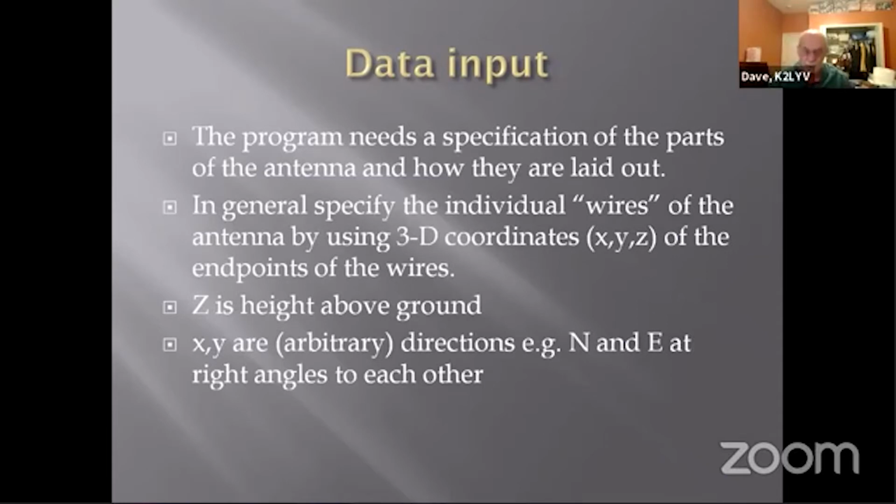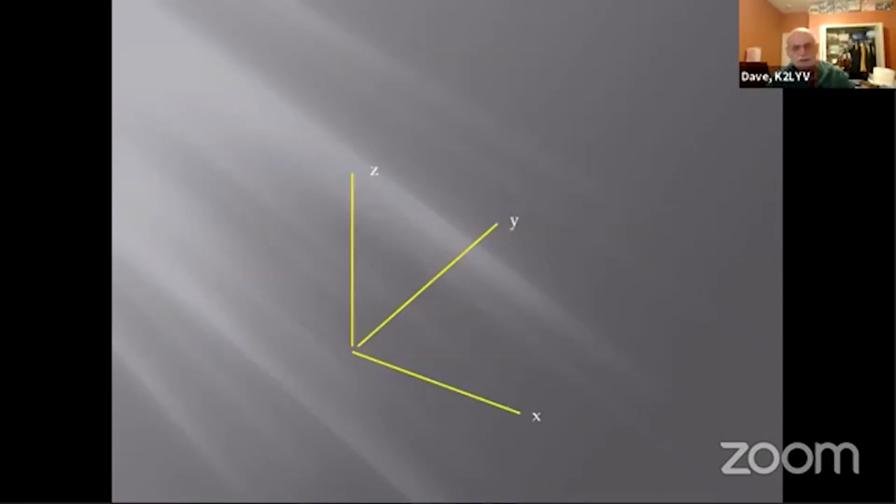If you want your antenna pointing northeast, don't worry about that. Just set it up to point in one direction, and you can see what the pattern will be like. That can be whatever direction your antenna is actually set up as. So here's just an XYZ, to remind you what they look like.